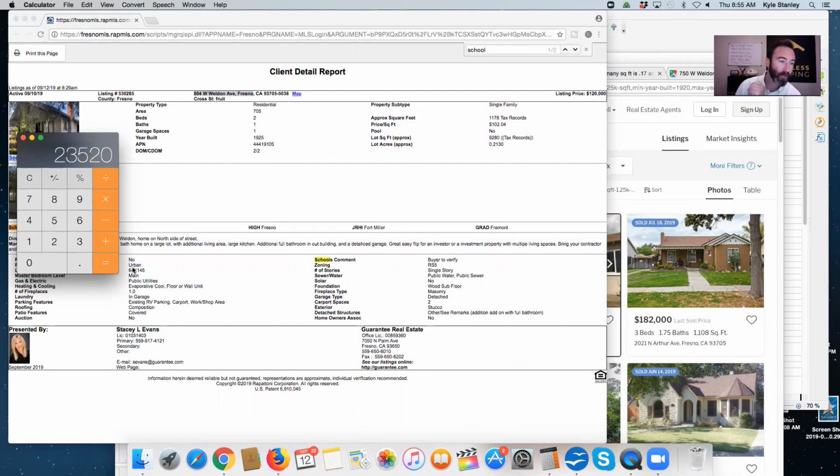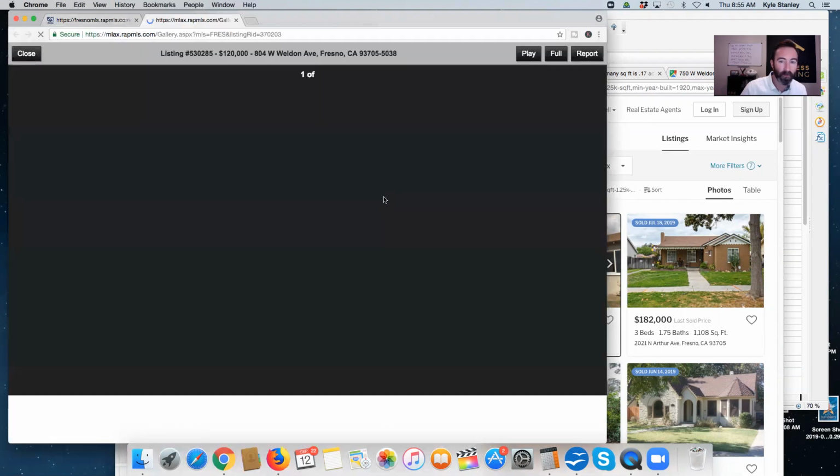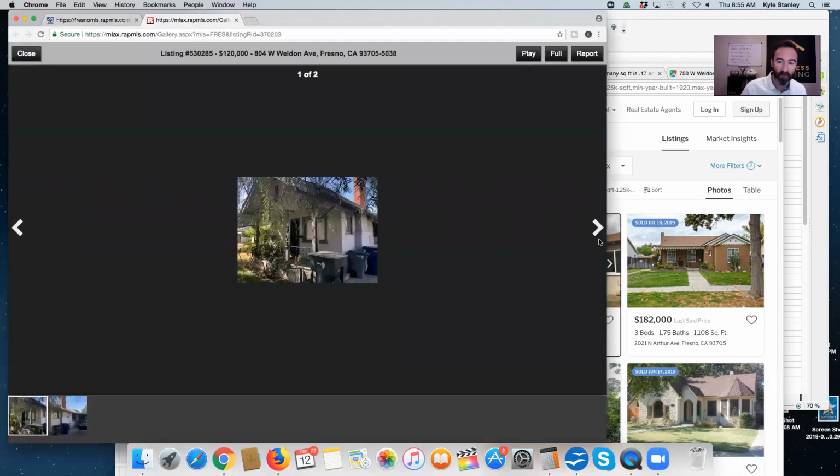And if nothing big needed to be done in this house, meaning the roof, the AC, rewiring, doesn't even need new windows, then I'm going to be at right around $23,520.